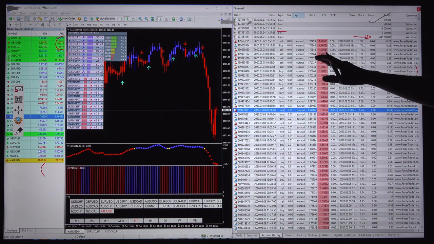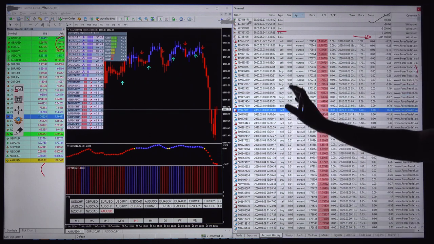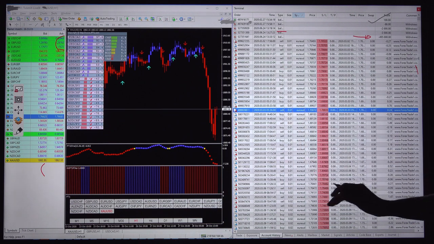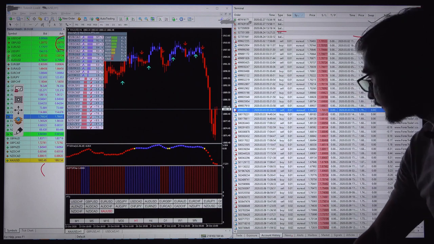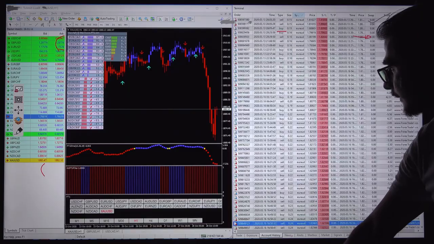So there are trades with many pairs, Euro OD. We see it started with the small lot size 0.01, and gradually the lot size increased up to 60 lot. These are the Euro OD pairs.